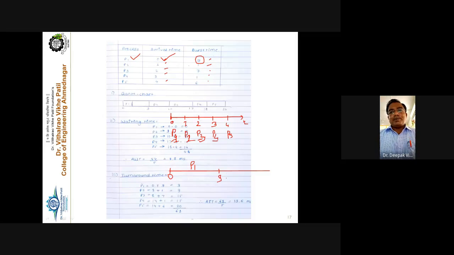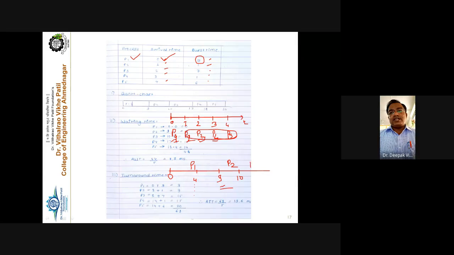Up to 9 milliseconds, all the processes P2, P3, P4, and P5 have already arrived in the system, no doubt about it, so they can be executed from here. P2 is taken and executes for 1 millisecond, so 9 to 10.